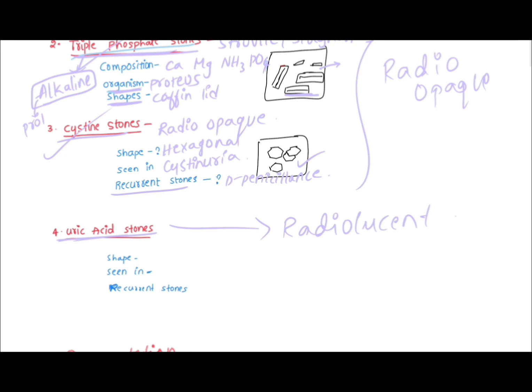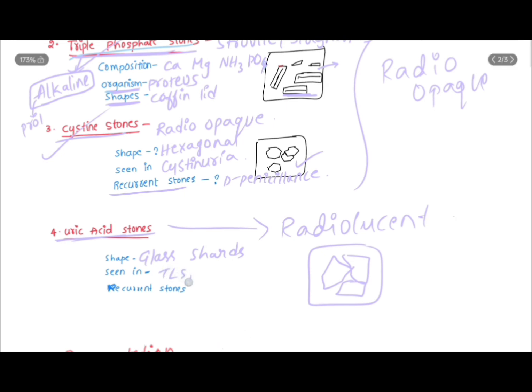What is the shape of the uric acid? Yes, glass shards. Just pieces of glass shards. It has no specific shape, but we call it glass shards, seen in tumor lysis syndrome, gout, etc.